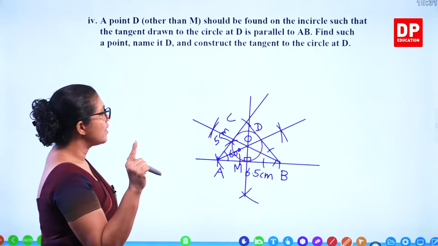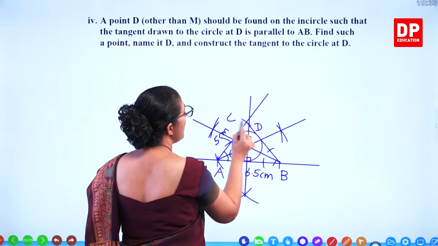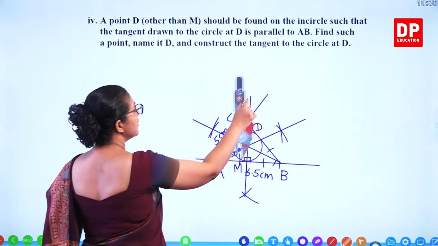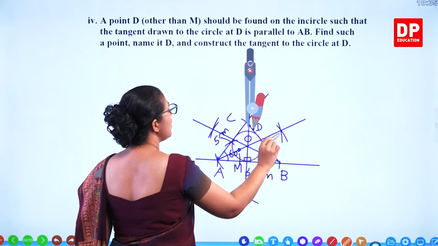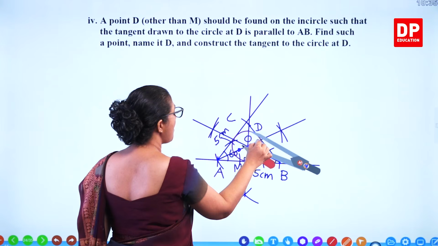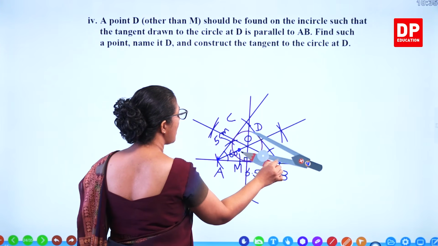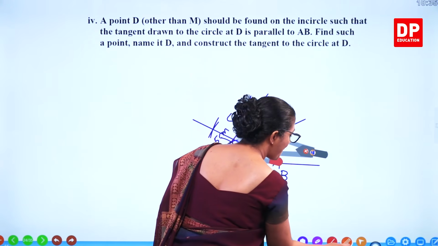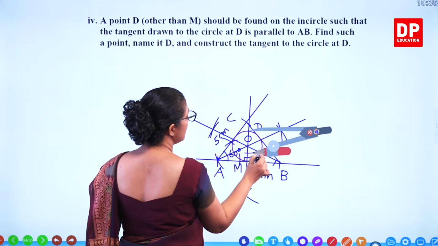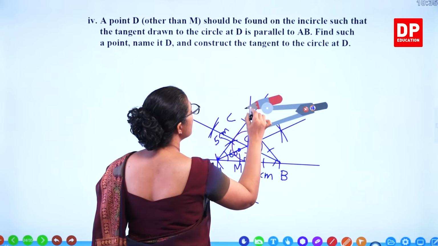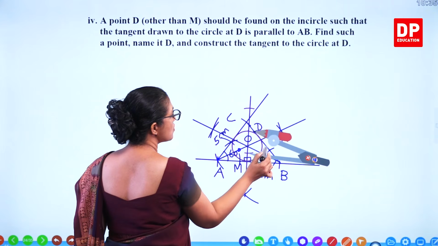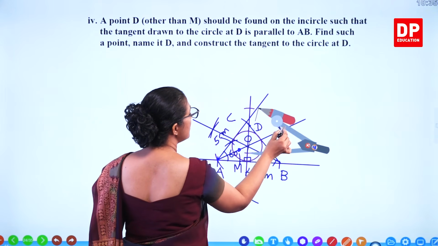And now we have to draw a tangent line. How do you draw a tangent line? That means now we have to draw a perpendicular at D to this line. Now take the compass. Now we are drawing a perpendicular at D. So D is this point. Take any distance and mark 2 points. I'm taking a different color now. Mark an arc here and an arc to the other side. And now take those 2 points and mark the other arc.